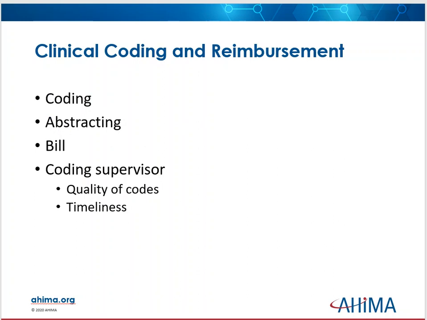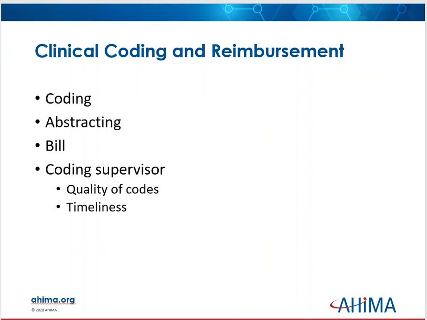Clinical coding and reimbursement is the process when you're looking at various rules of why a patient was admitted, what kind of procedures they had, what their official diagnoses are, and applying codes to that through a complicated but non-complicated process.